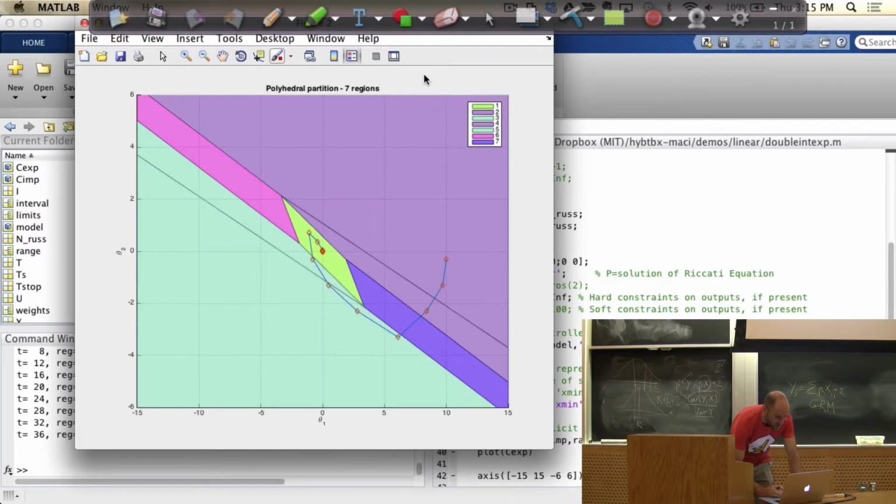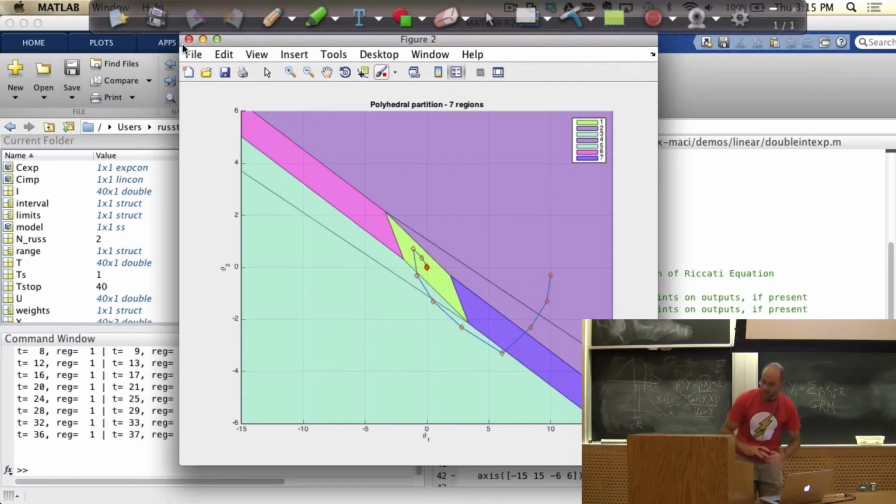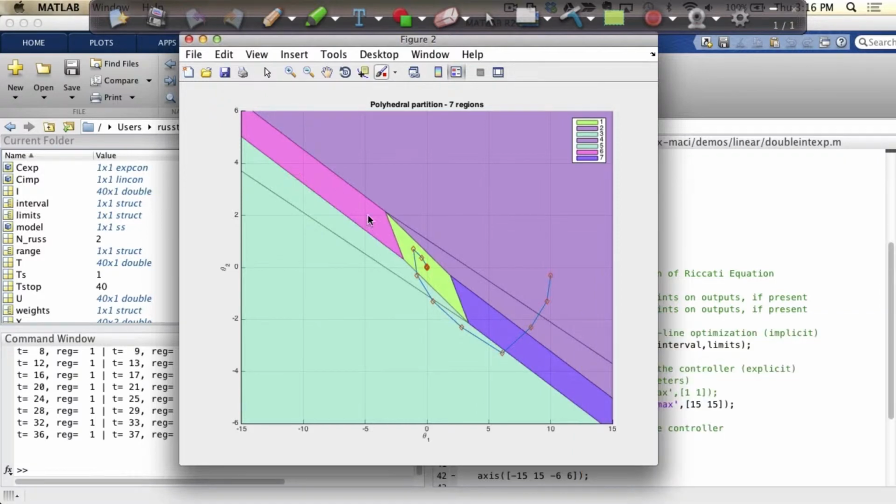All right, these are the regions given I did n equals 2. The number of possible constraints: I have one control input, and they can only be active in two possible constraints. So these are my different regions that come online.